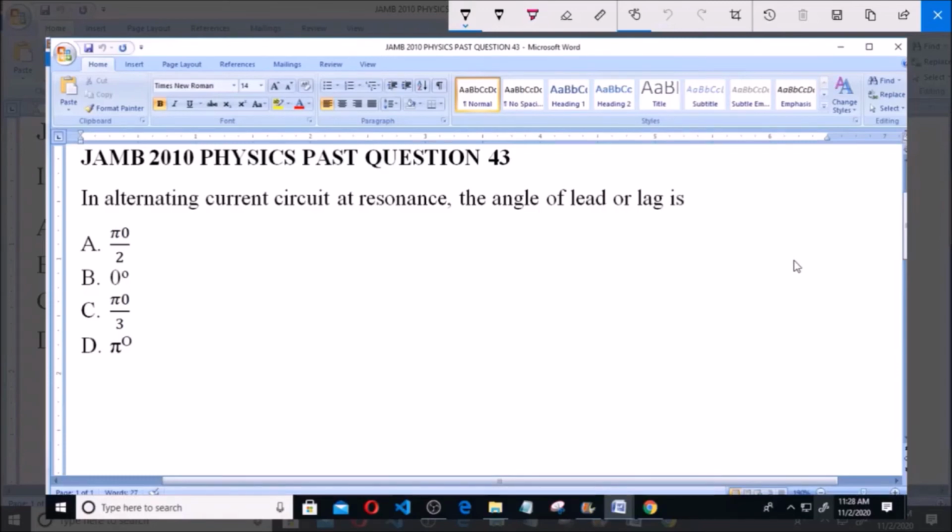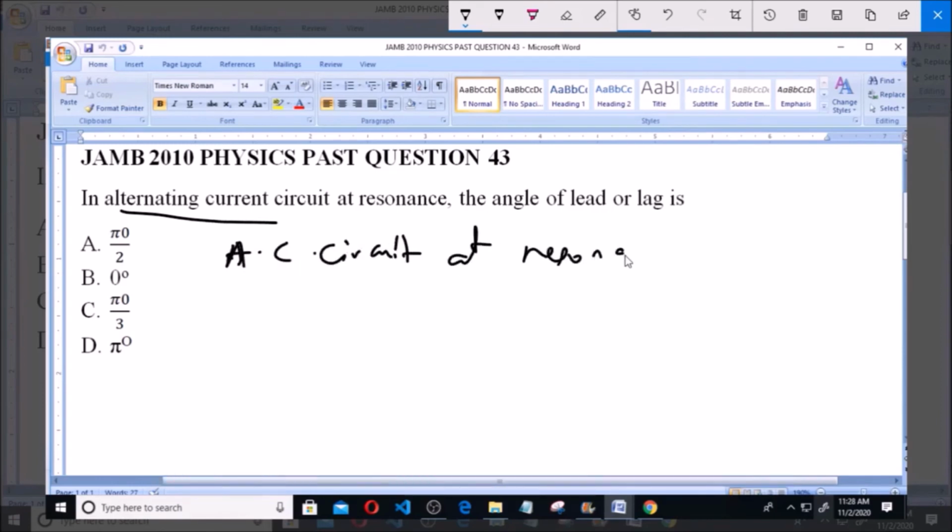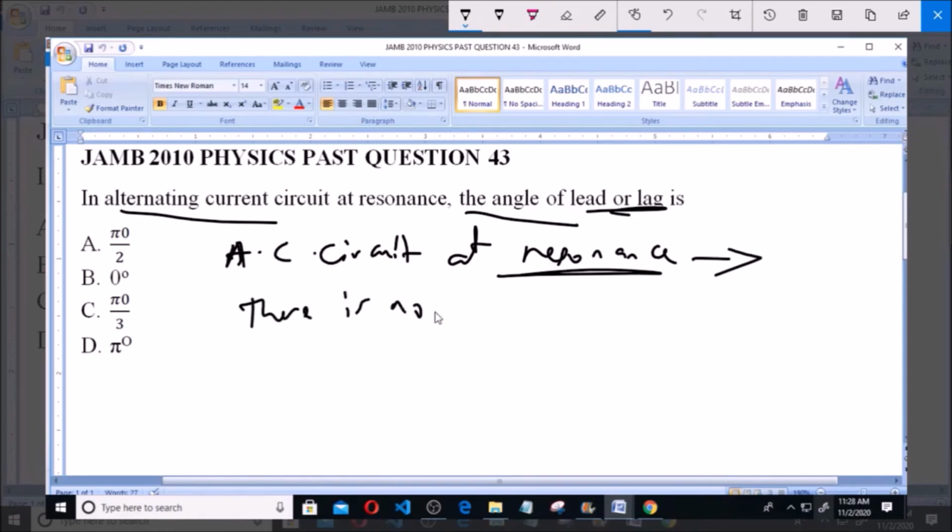Now what we are given here is an AC circuit, an alternating current circuit at resonance, and we're asked for the angle of lead or lag. Take note, the major characteristic of an AC circuit at resonance is that there is no lead or lag.